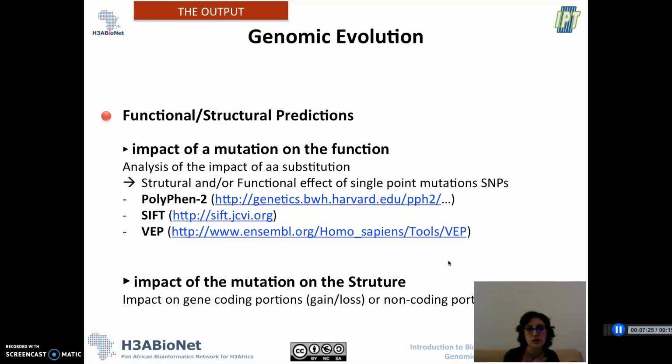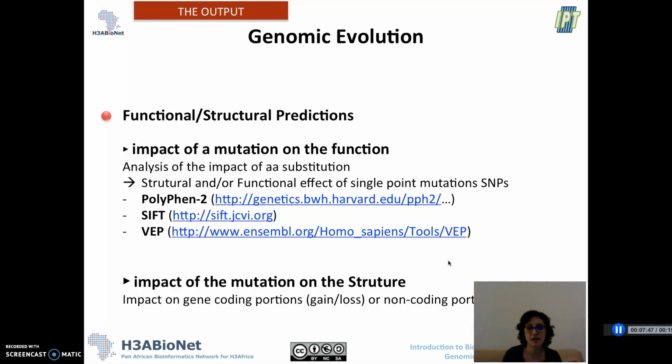So it could be that the mutation is introducing a frameshift, for example, or a stop that could be gained through that mutation, and all these different events could be followed using these kinds of databases.